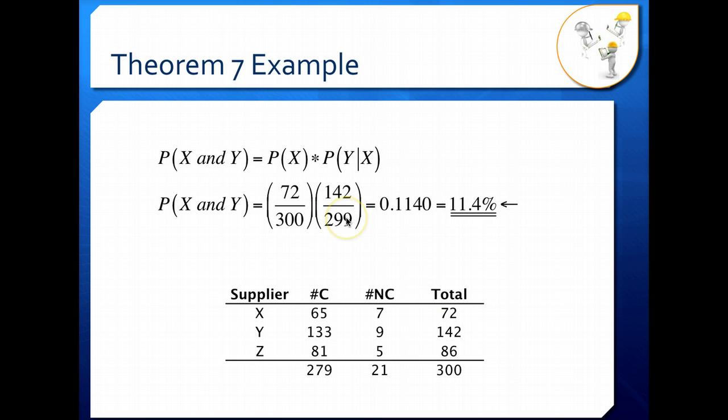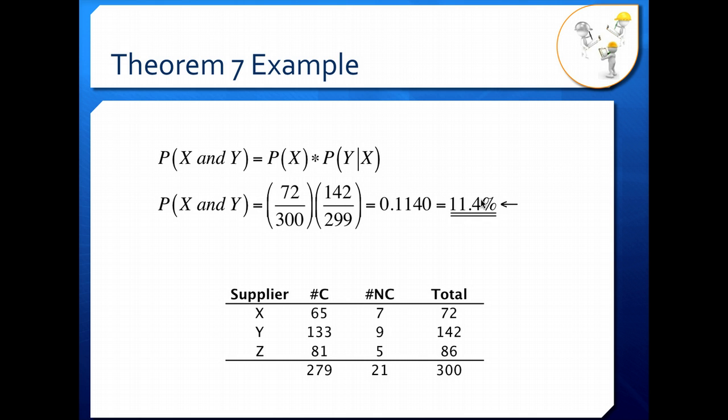Then we have to divide by the total number of parts in our box, that is our overall probability space. That is not 300 this time, it's 299 because we did take that one part out. So this time we have a probability of 11.4%.